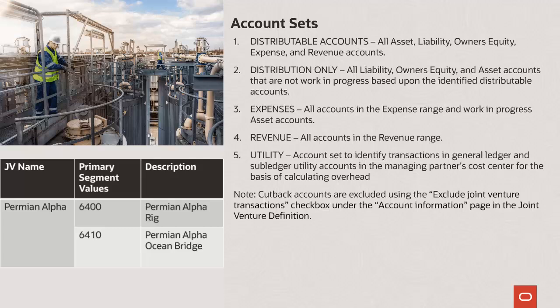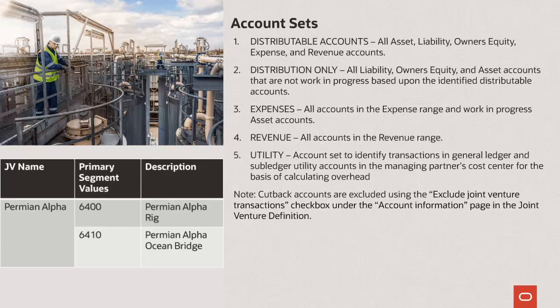Expenses, account set to include all accounts in the expense range and work in progress asset accounts. Revenue, account set to include all accounts in the revenue range. Utility, account set to identify transactions in general ledger and subledger utility accounts in the managing partner's cost center for the basis of calculating overhead.